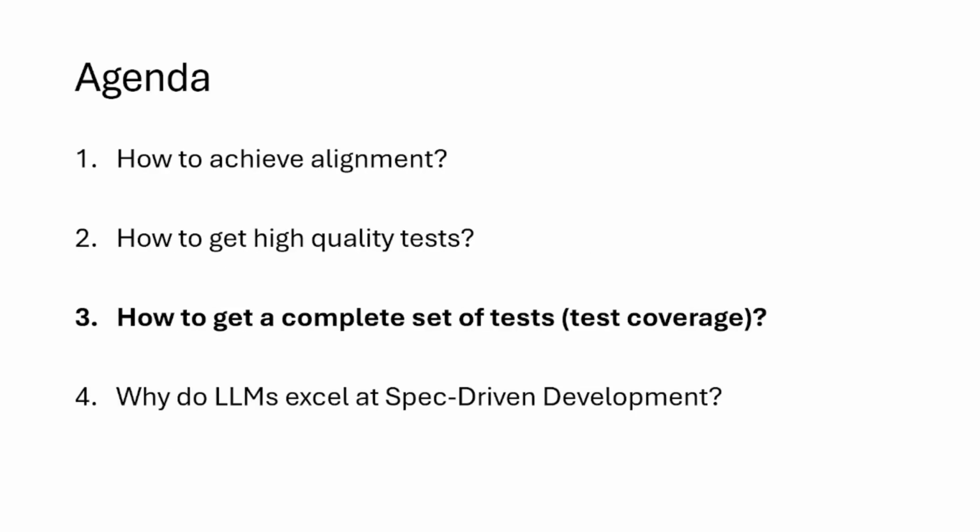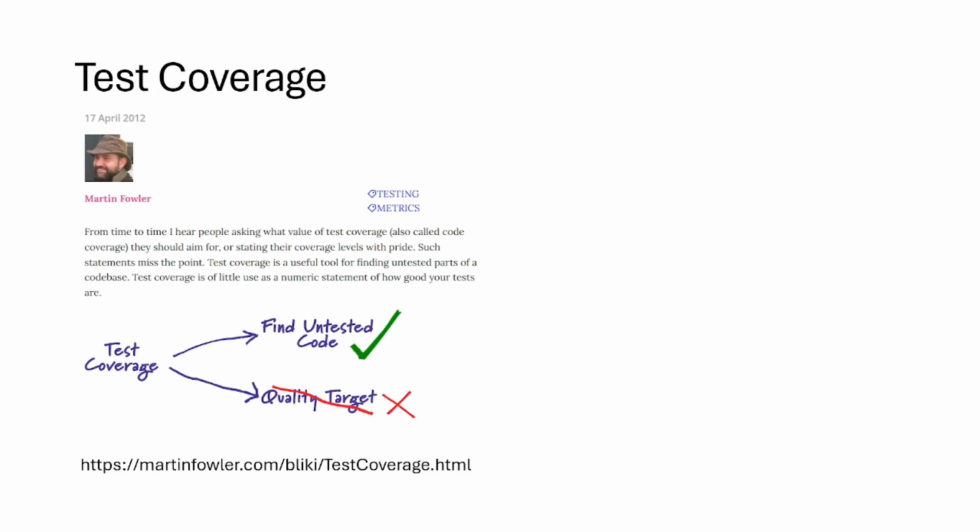Now about test coverage. Martin Fowler, more than 30 years ago, talked about it, and he pointed out, among other things, that it is not to assess the quality of the tests. No, it's about finding untested code.